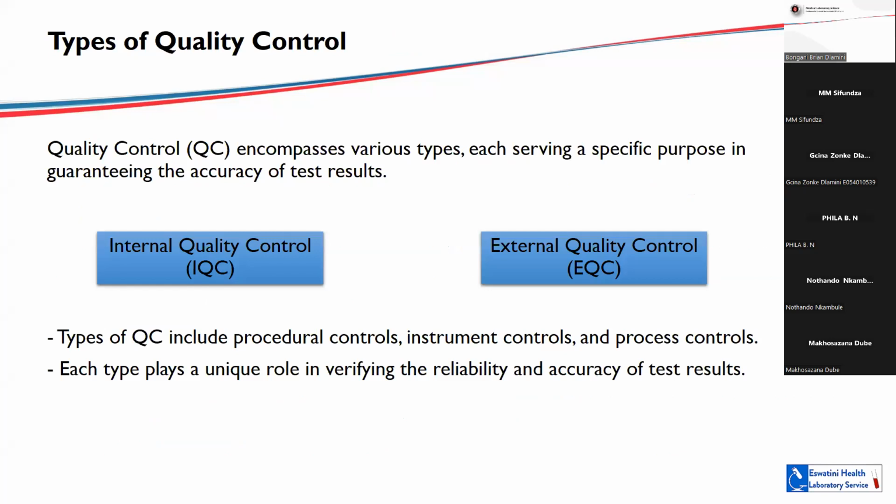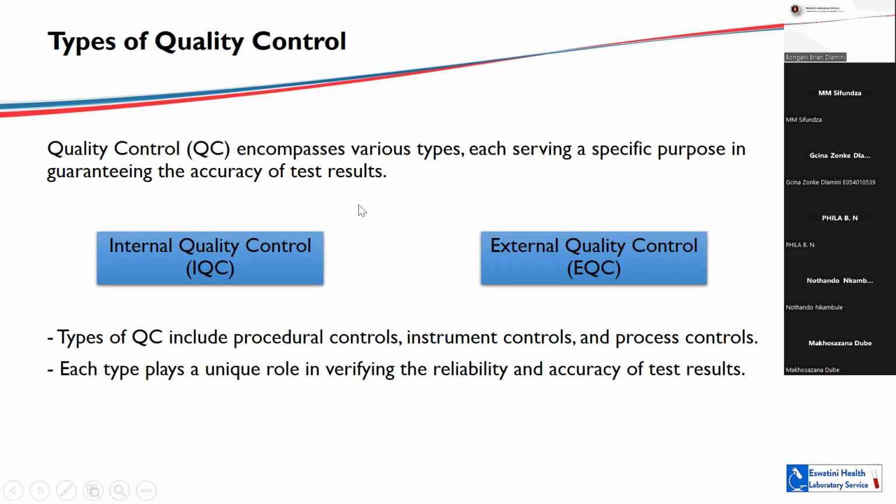So let's look at the types of quality control that we have in our medical laboratories. Usually we have two, that is the internal quality control and the external quality control. And I'm aware that almost all of us are familiar with this.